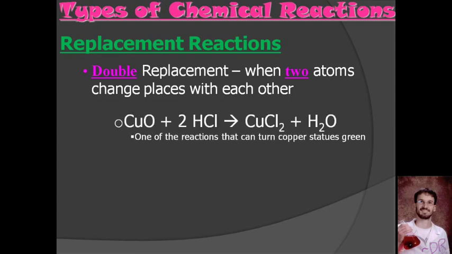Double replacement reactions are the same as single, except instead of 1 atom switching places, we have 2 atoms changing places. So here we could have copper oxide, or cupric oxide, mixing with hydrochloric acid to make copper chloride and water. This is one of the chemical reactions that causes statues that are made of copper to turn green.